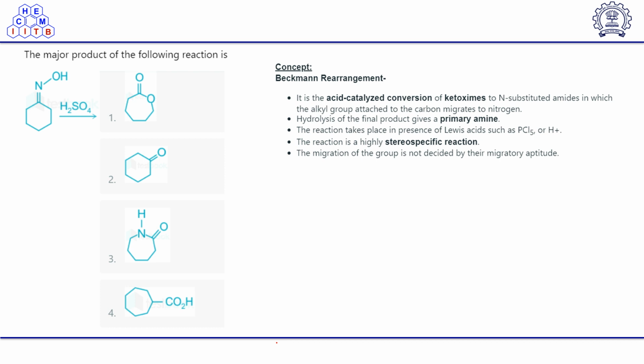So here, this is a rearrangement reaction known as Beckmann rearrangement. It is an acid catalyzed conversion of ketoximes to N-substituted amides. So from that itself, it is clear that the correct answer is option 3.